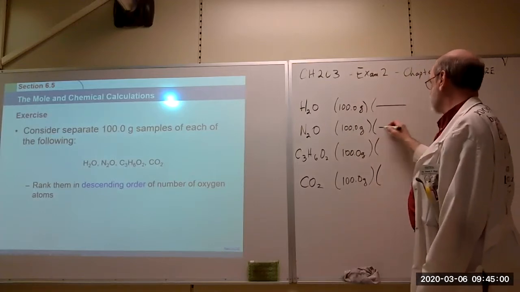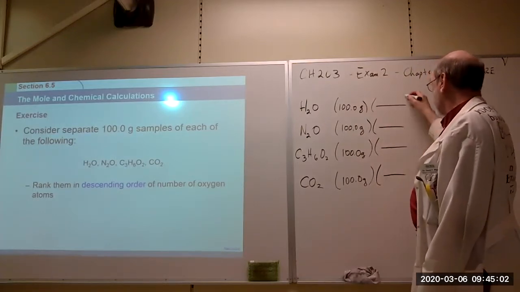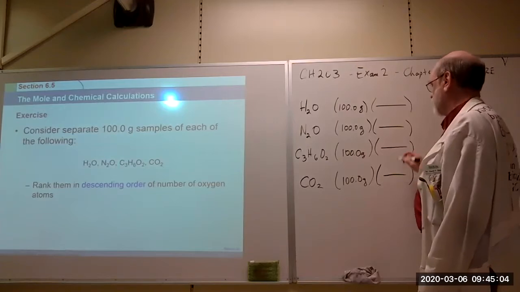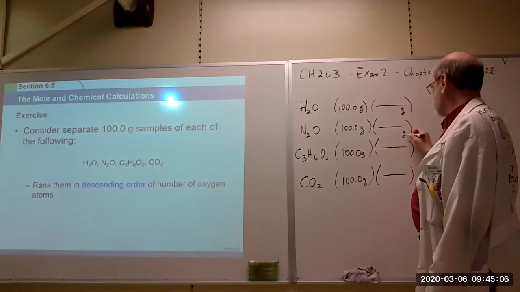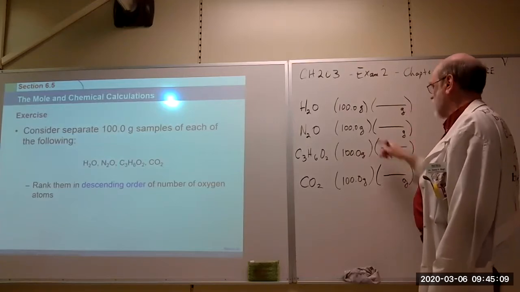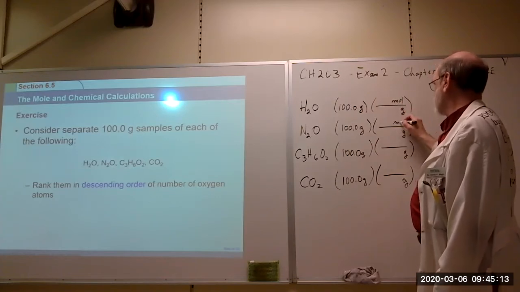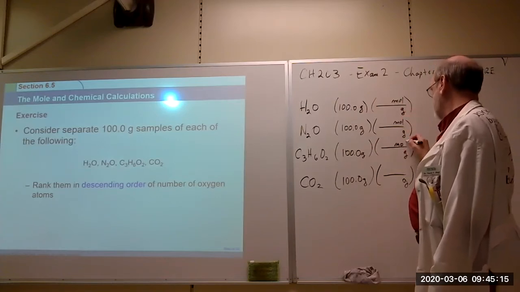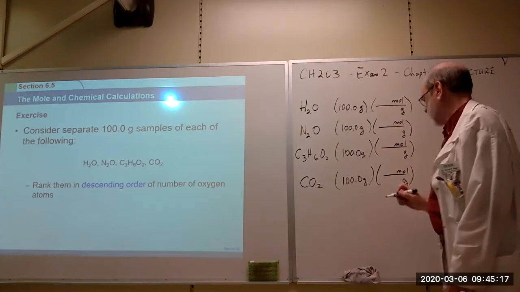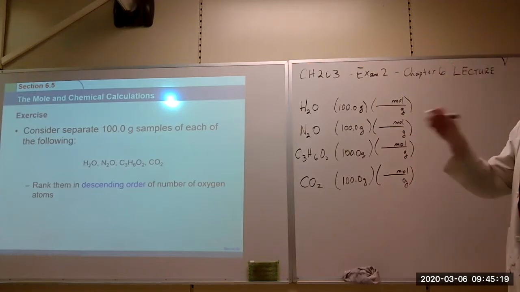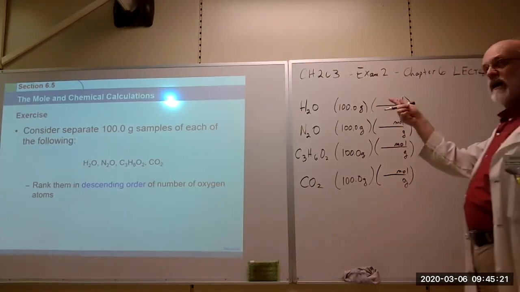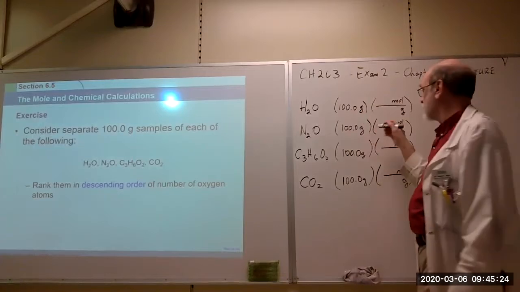So we need a conversion factor for each one that's slightly different. Grams on the bottom. Why? Because we have grams on the top, and that leaves us with moles. So we need a molar mass for each one. We did water earlier, 18.02.